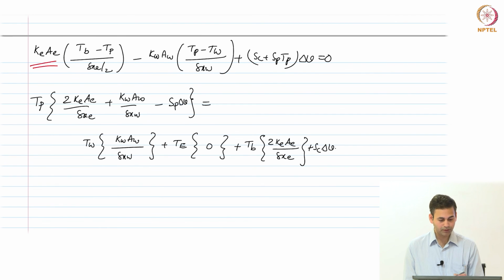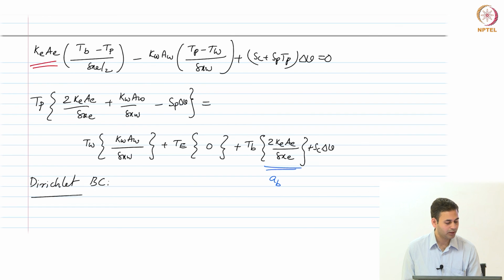Okay, if you were to call this some coefficient AB, then if we have a constant temperature, that is we have specified the temperature value, we have specified what kind of boundary condition? Dirichlet boundary condition. Then if we have a Dirichlet boundary condition on the east face, little e, what would be the coefficient A east? 0.